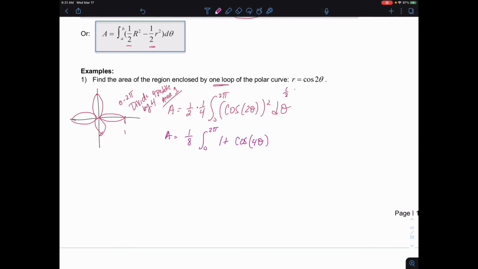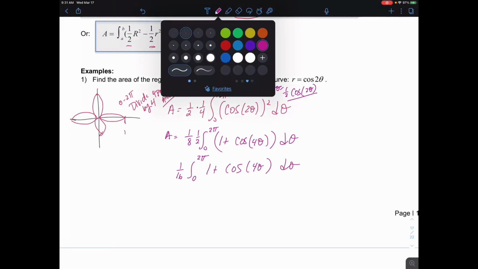That's my formula for cosine squared of theta. So I need a 1/2 out in front, and then that's d theta. So I have 1/16, 0 to 2 pi of 1 plus cosine of 4 theta d theta. Now we should be ready to integrate that.